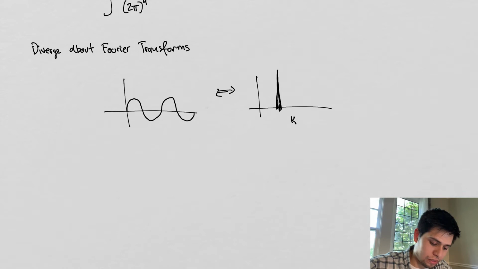So this frequency is the frequency of this wave. And so where this is space, this here is frequency, and you can interchange between the two by Fourier transform.